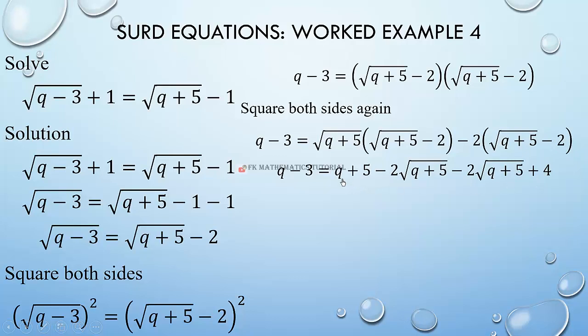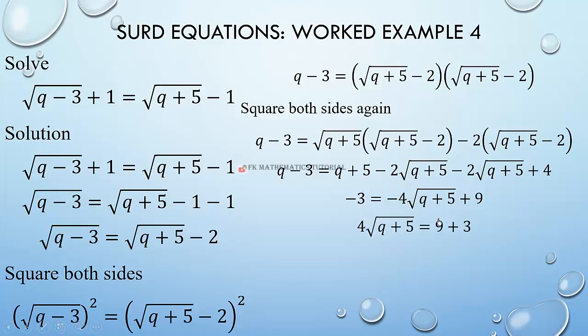Now let's group like terms and simplify. q minus q is 0. Then 5 plus 4 will be 9. And negative 2 square root of q plus 5 minus 2 square root of q plus 5 will give us this expression you are seeing.